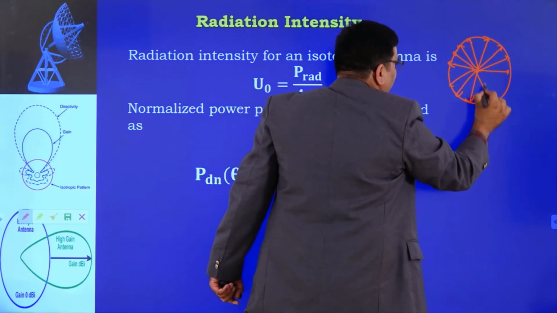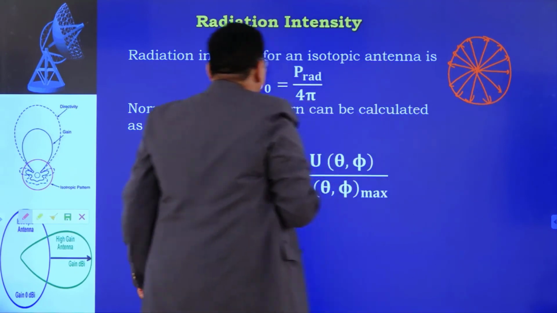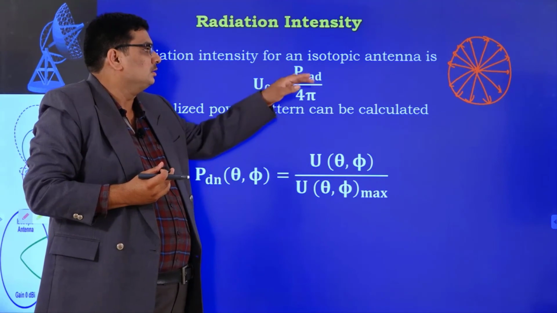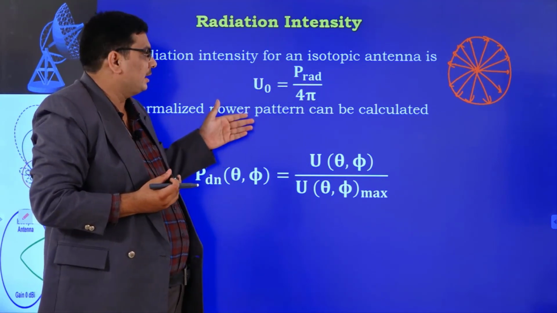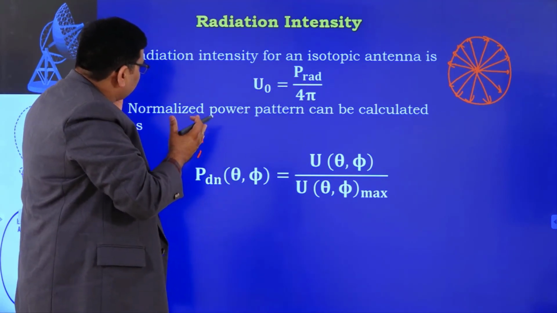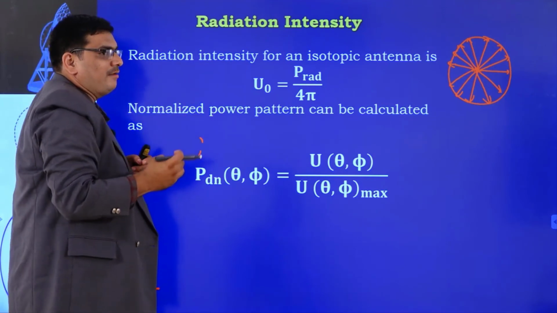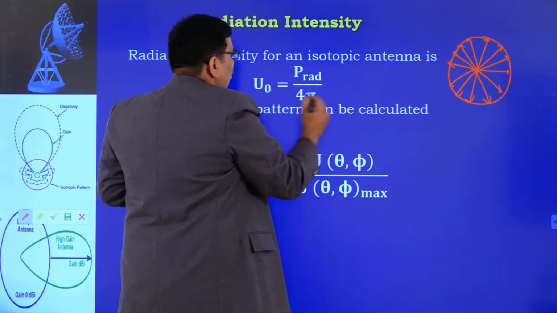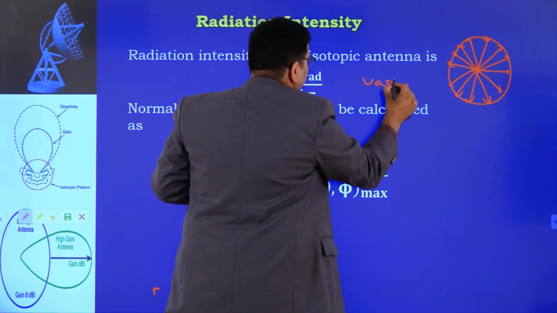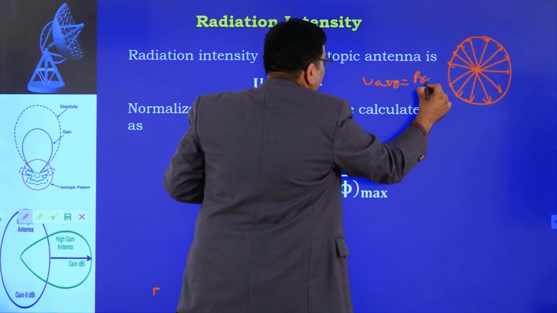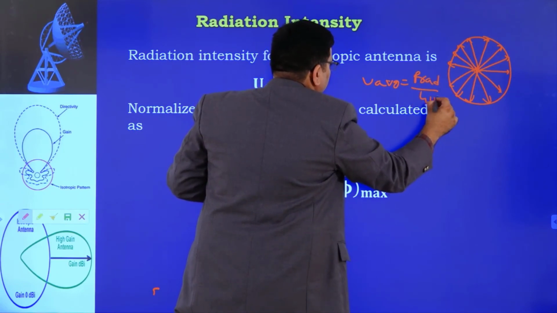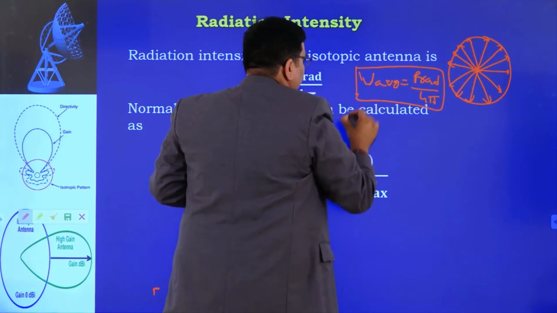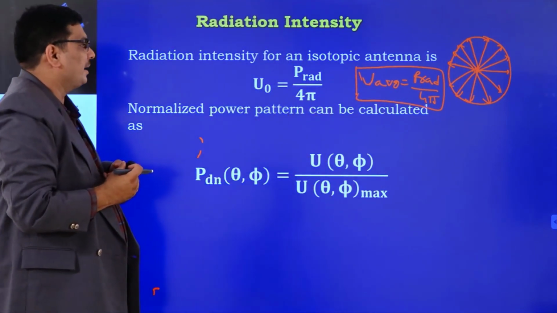The total sphere has solid angle 4 pi. So the radiation intensity of an isotropic antenna is equal to the power radiated divided by 4 pi. Or if you express the radiation intensity as the average, U average is equal to P rad by 4 pi.